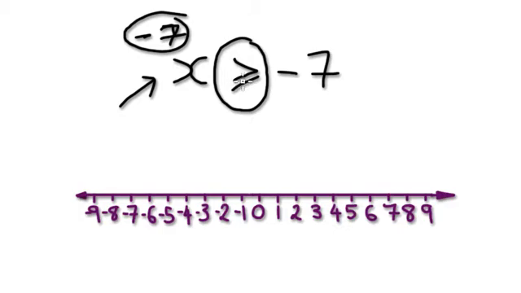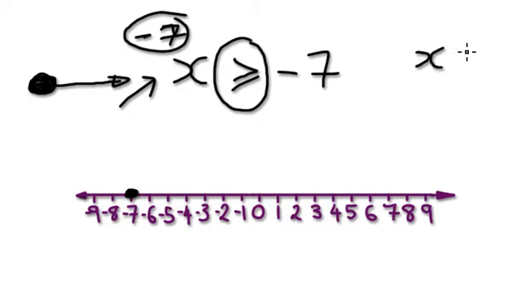Here you're allowed any number above or equal to, so you are allowed to put -7 in here. So basically it's a full circle. So for greater than or equal to, you use a full circle like this.